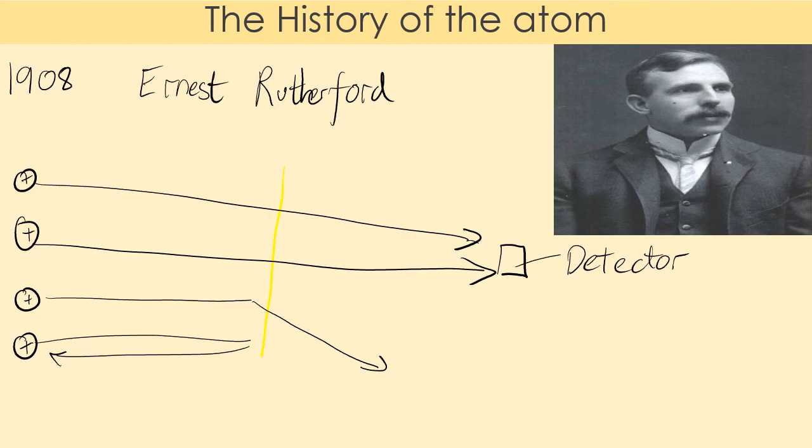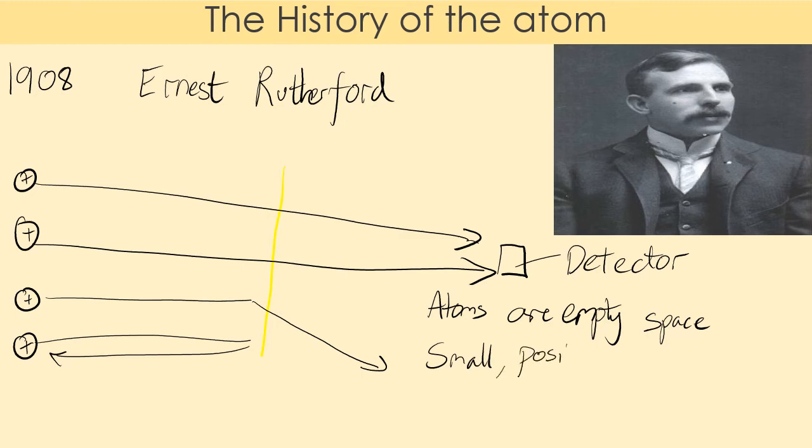So Rutherford came to the conclusion that atoms are mainly empty space. There's nothing in them. They have a very small, positive nucleus.